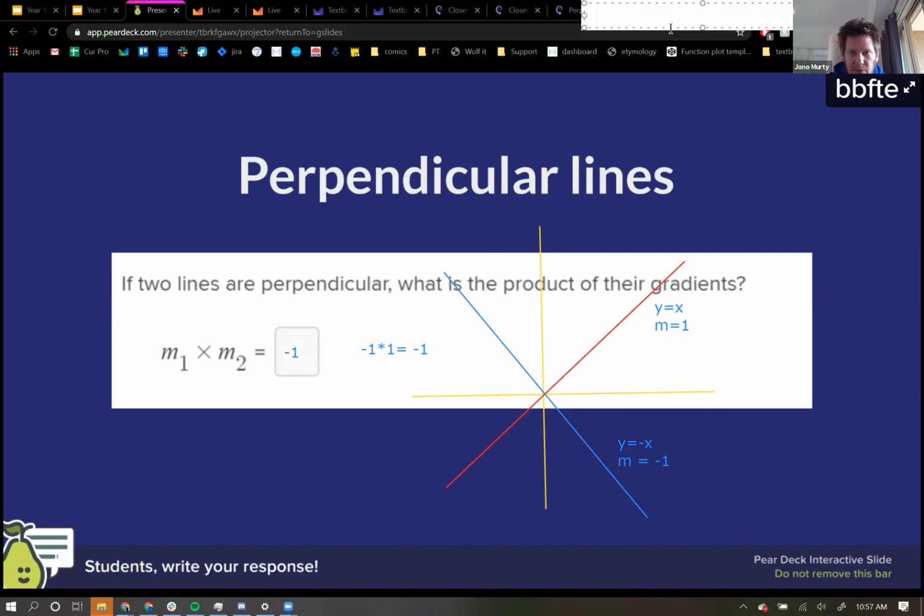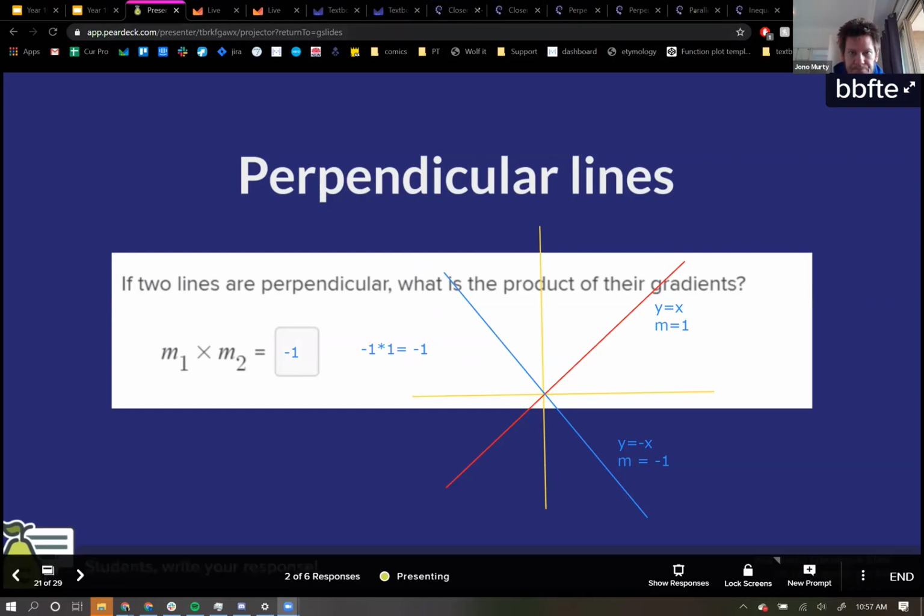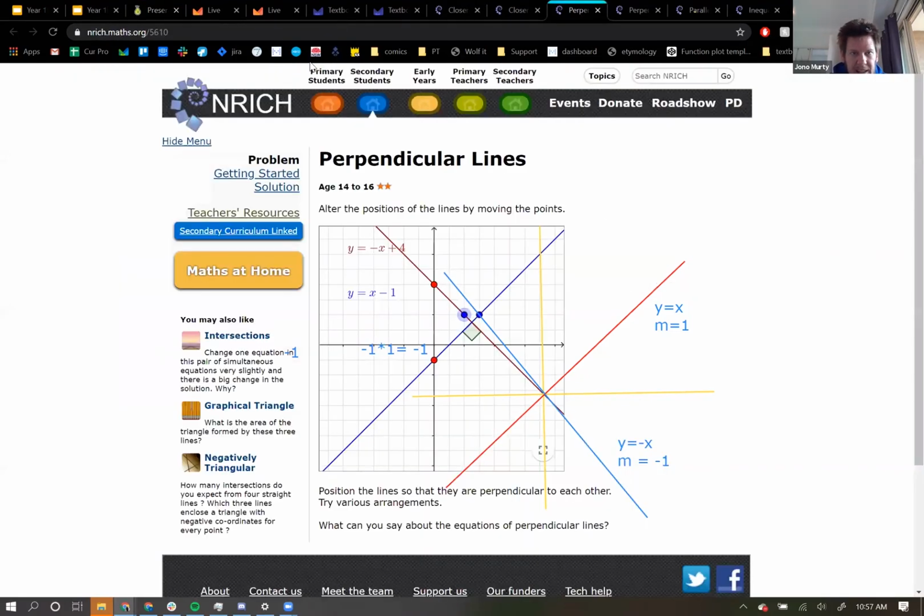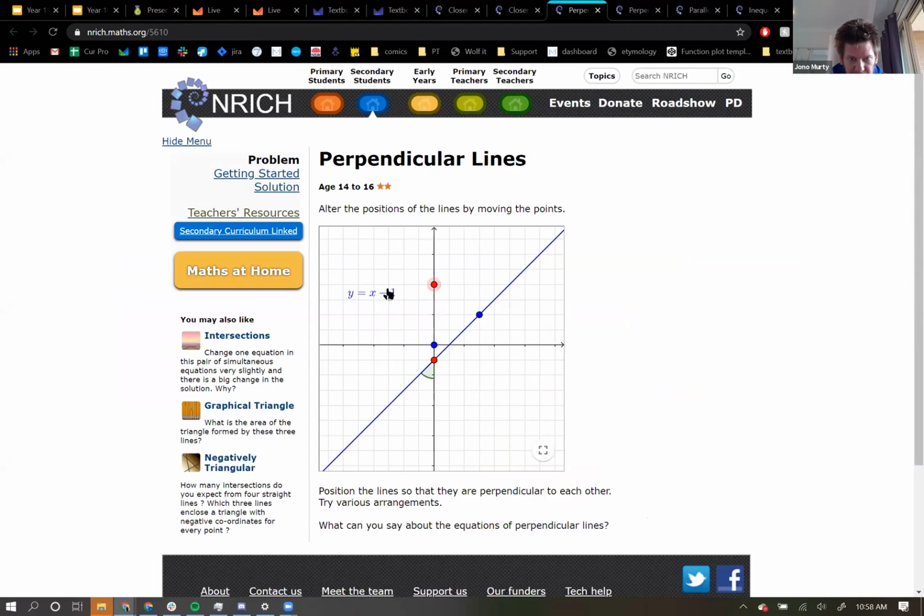I'll just quickly show you on here. I cleared that. So you can see here, let's just do the one we just did, y equals x, y equals minus x.